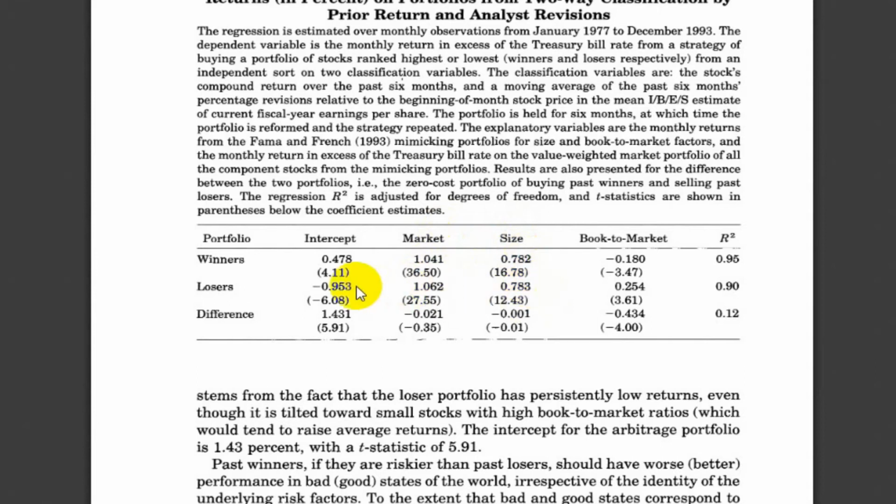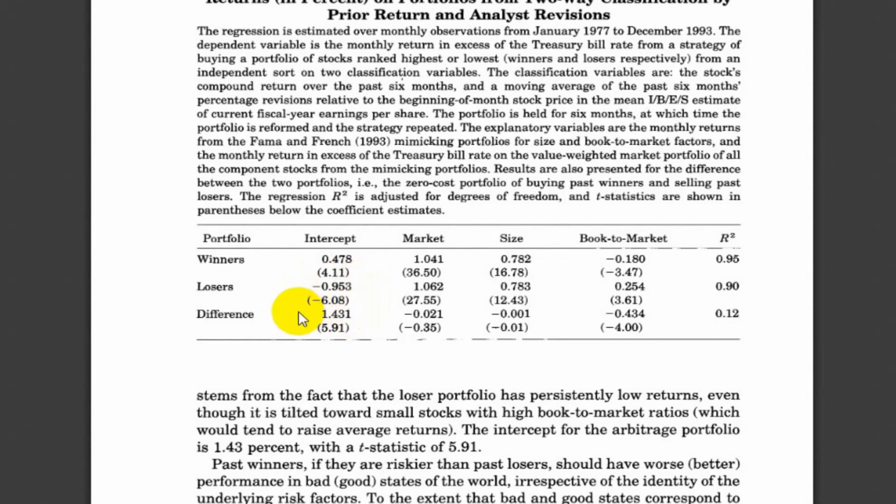In particular to note is the very high coefficient for losers. So typically with the smaller size and being a value company, they should earn more, and that's why these are positive. However, it's interesting to see they have such significant persistent low return.